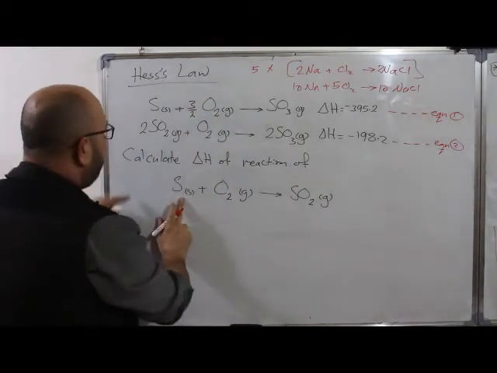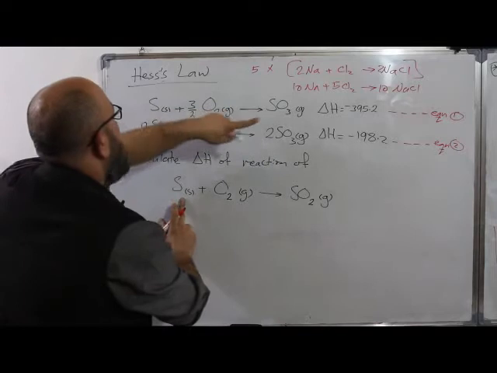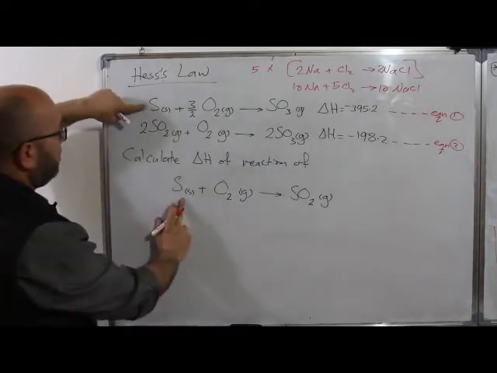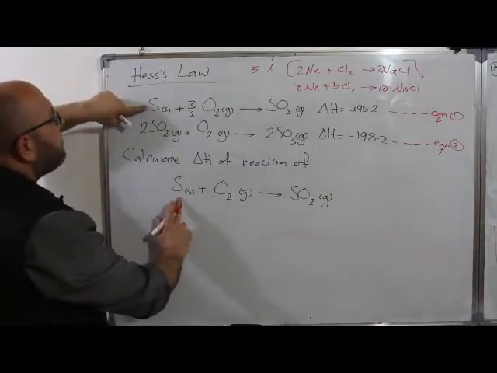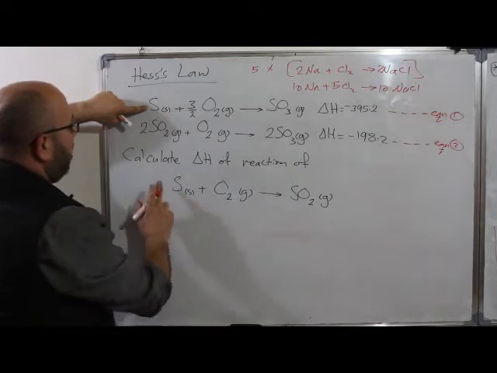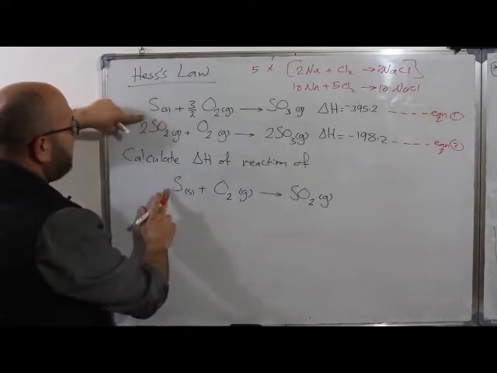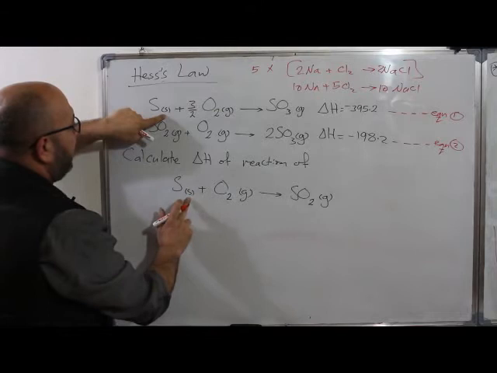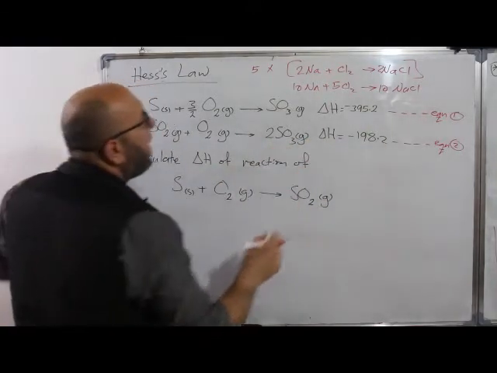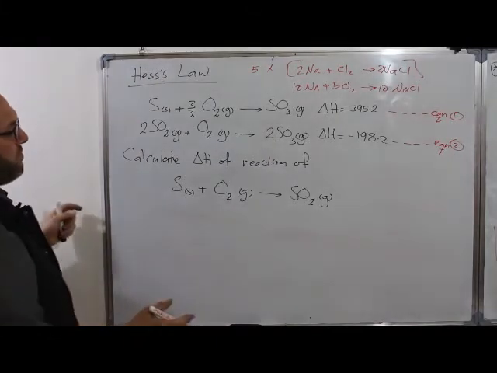Where could we find it? Actually, it's in the first equation, exactly similar, 1-to-1 coefficient, and they both are in the solid state, so keep in mind we may use the first equation with no changes.